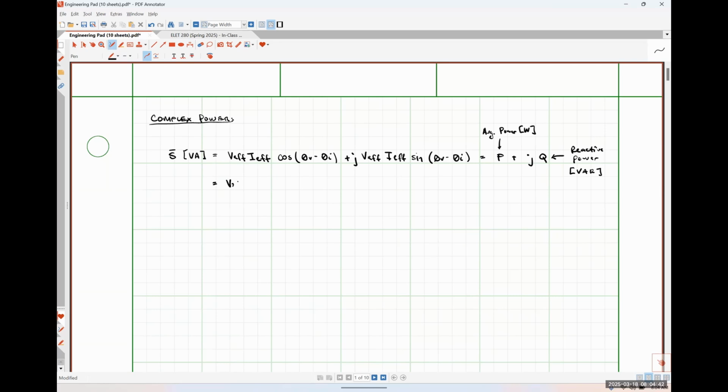This was V effective, I effective with an angle of theta V minus theta I. And I said that this in a reduced form was our apparent power measured in volt amperes with an angle of our power factor angle theta S.